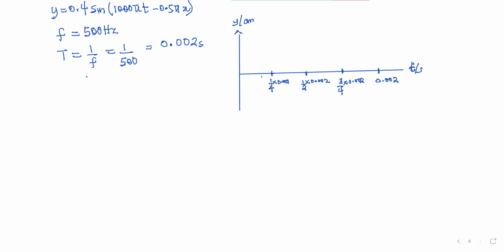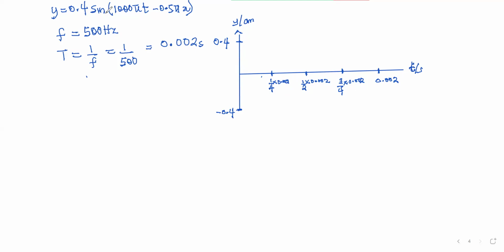Note that we are doing this for one cycle. We have to show the amplitude because it will oscillate in between. The amplitude is 0.4, and then we also have negative 0.4. That's why I only ended at the period.